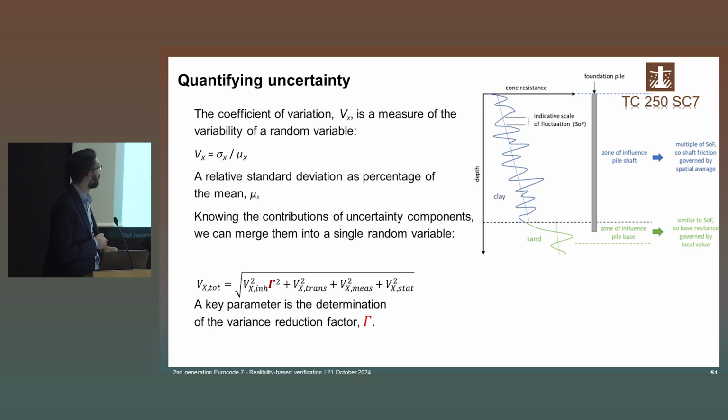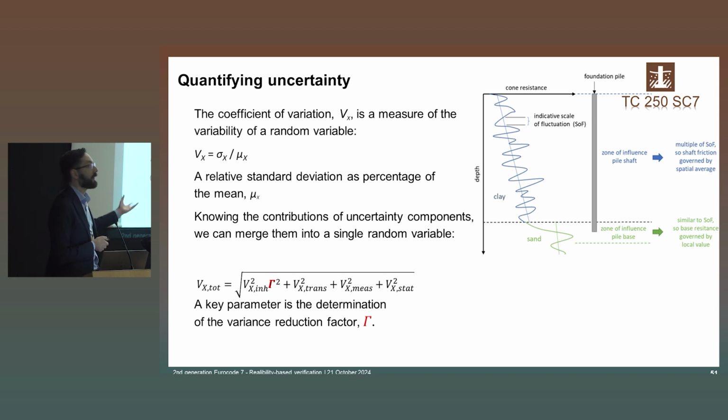And here you also account for the spatial variability with this gamma squared factor, the variance reduction factor. And you see here you can also, or should also with the reliability-based approach, consider the type C method that was discussed this morning.